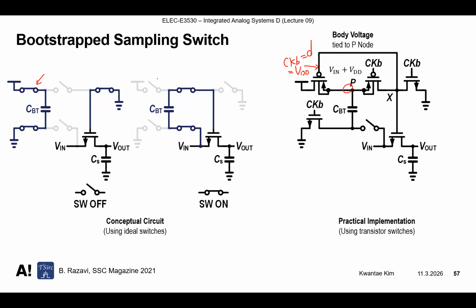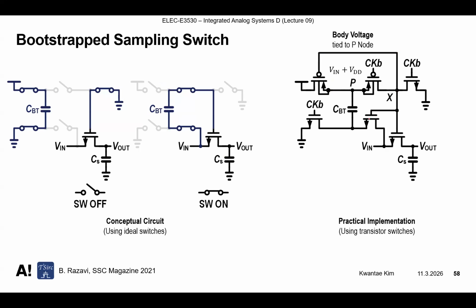In this case, we want to turn this transistor on as a switch, but because of the high voltage, it cannot be turned on. So we want to drive the gate voltage to the X node to make sure this transistor as a switch is turned on during the switch-on phase.